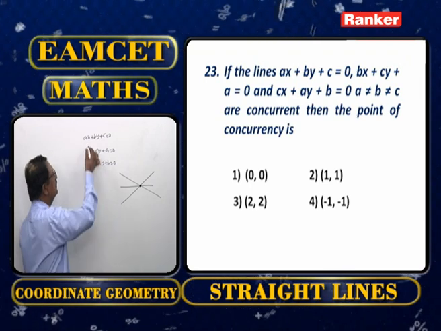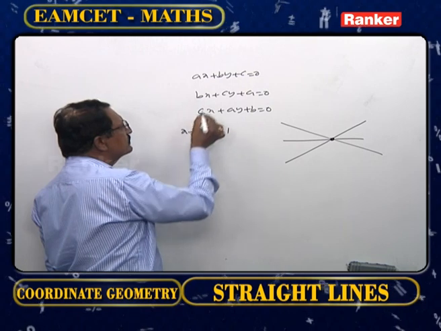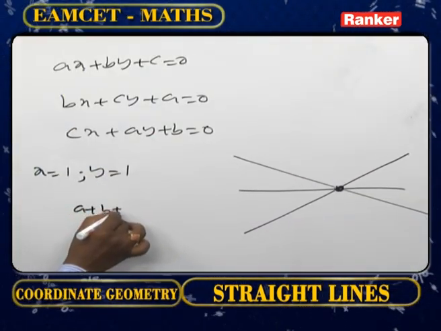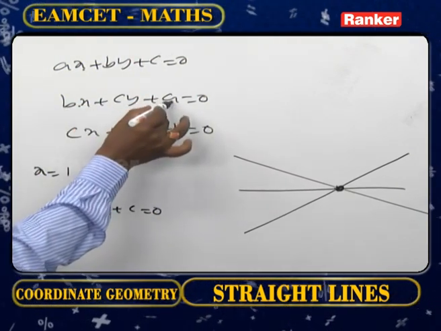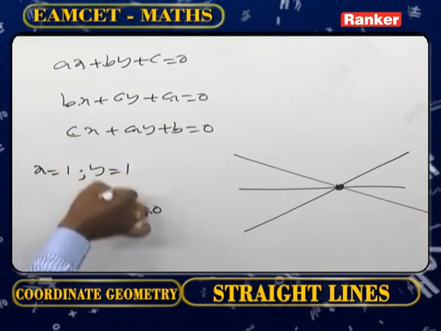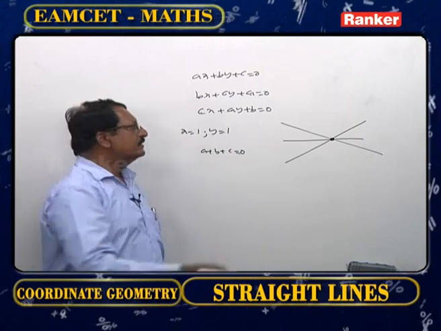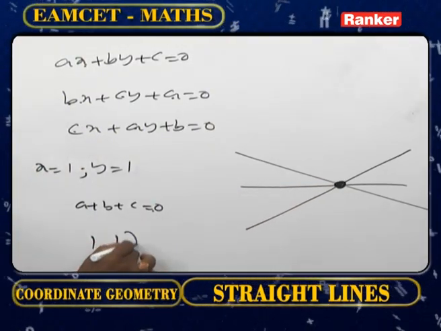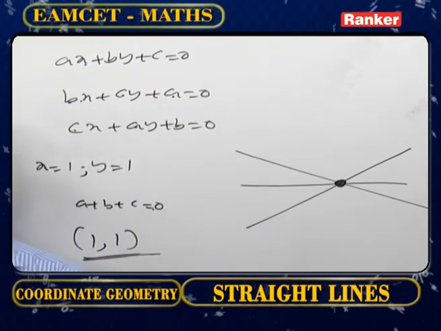Now, just observe it. If x equals 1, y equals 1, substitute in the first equation, we get a plus b plus c equals 0. Similarly, in the second equation also substitute, we get a plus b plus c equals 0. Third equation also satisfies the same thing, a plus b plus c equals 0. Then the point of concurrency equals 1 comma 1. 1 comma 1 is the point of intersection of the lines or point of concurrency.